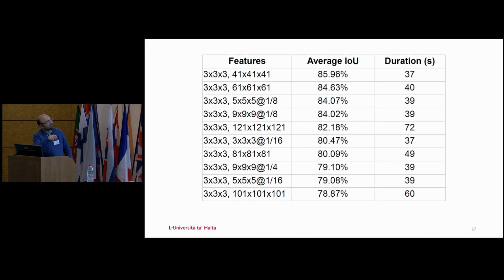These are the best 10 combinations that we have found. We've been trying all sorts of different combinations to see what works best. What's interesting is, for example, using a very large neighborhood does not give you better performance than using a smaller one.